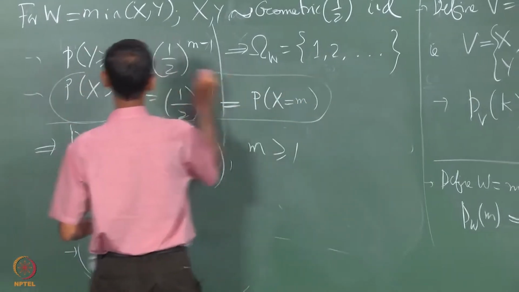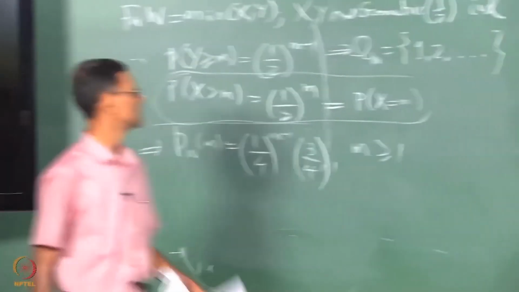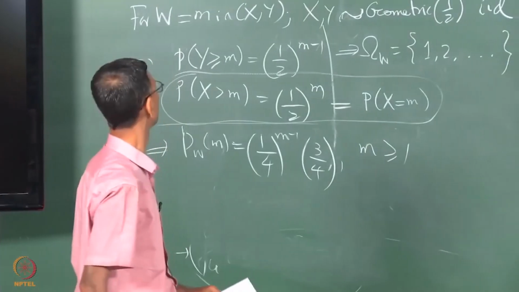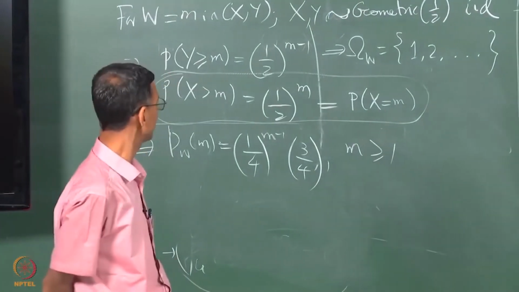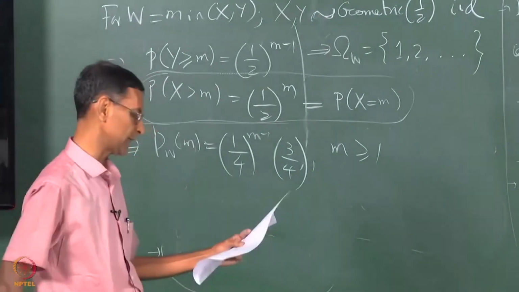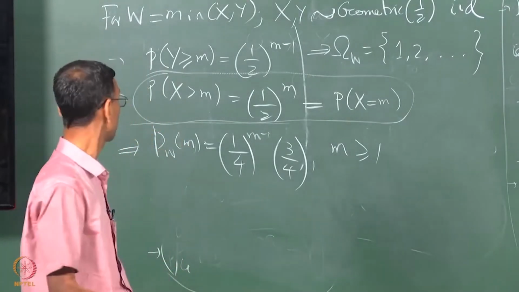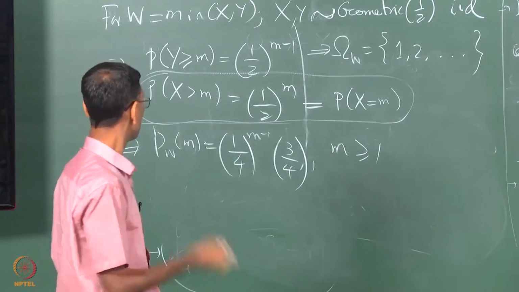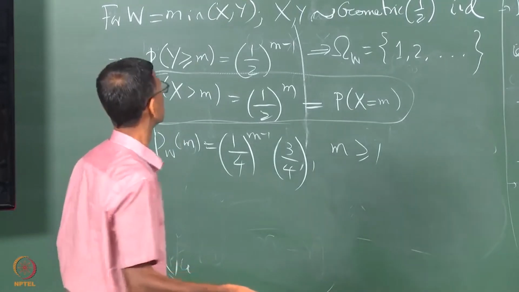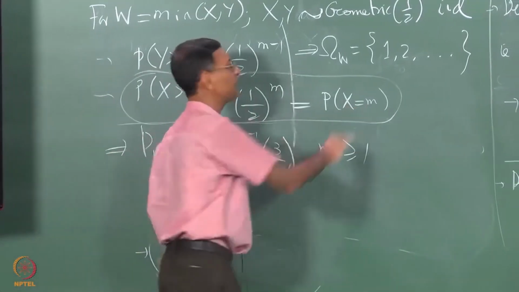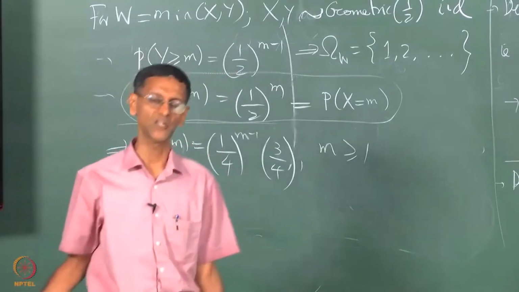Interestingly, for the half case, X equal to m and X greater than m have the same probability. There has been no success up to m minus 1. X equal to m means what? There is no success in the first m minus 1 trials.